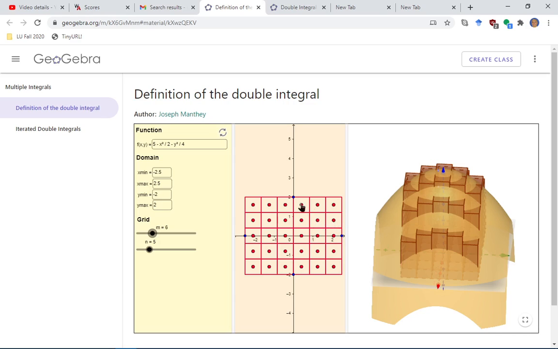We plug it into our function, which tells us how high the ceiling is at that point. We take that height and multiply by the area of the base, which is the area of one of these little cells. That tells us the volume of the little pencil sitting on top of that cell.